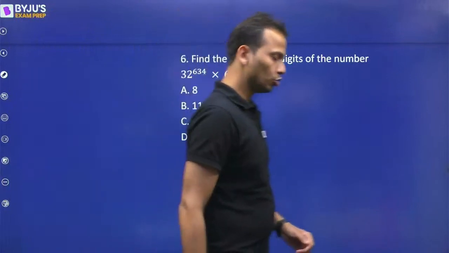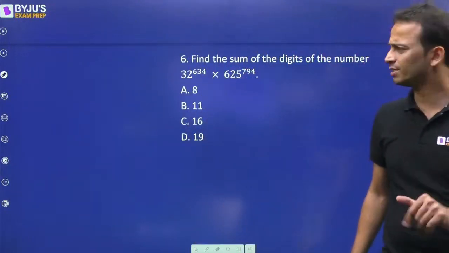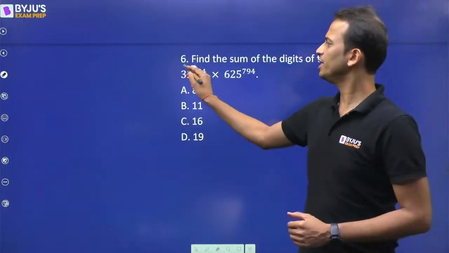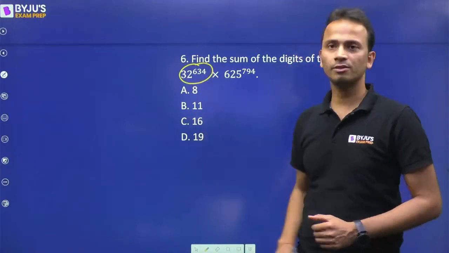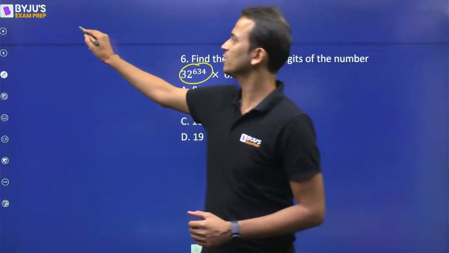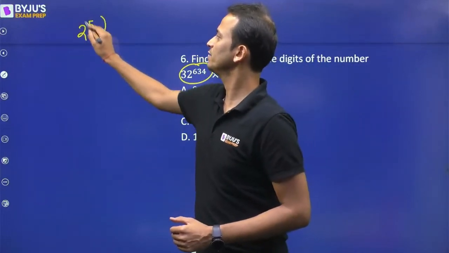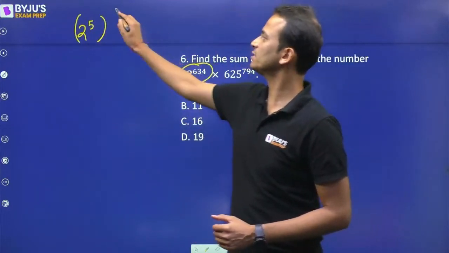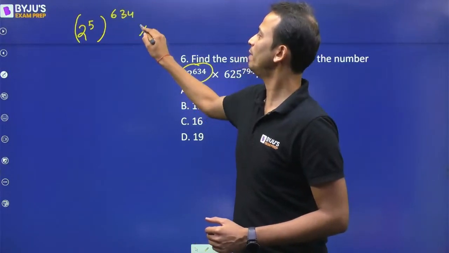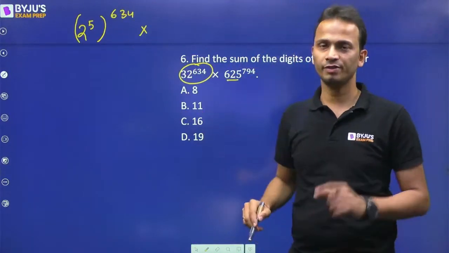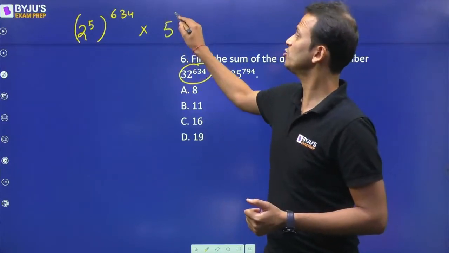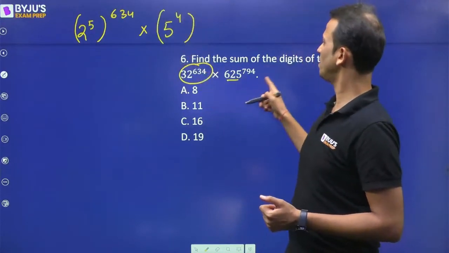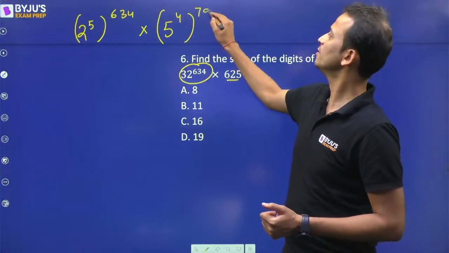Okay, so let's begin with this method. देखते हैं. Now 32 raised to the power 634. 32 can be written as 2 raised to the power 5 and then whole raised to the power 634 multiplied by 625. 625 is 5 raised to the power 4. So 5 raised to the power 4 whole raised to the power 794.